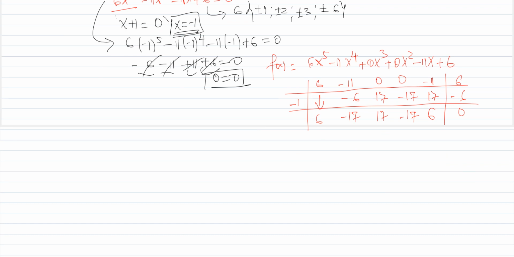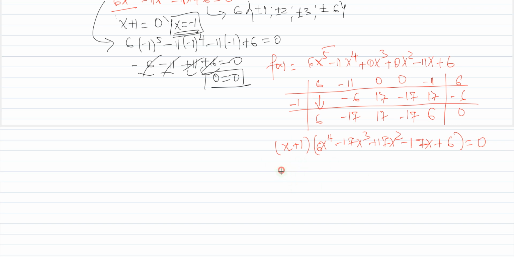So now we have x plus 1 multiplied by, remember the degree here is 5, so we have 6x to the 4 minus 17x cubed plus 17x squared minus 17x plus 6, and this is going to be 0.